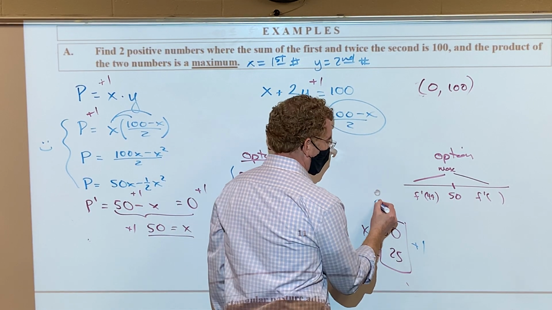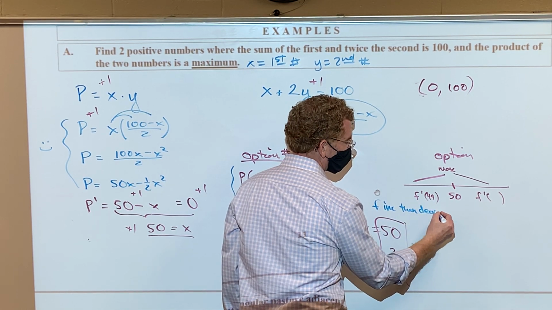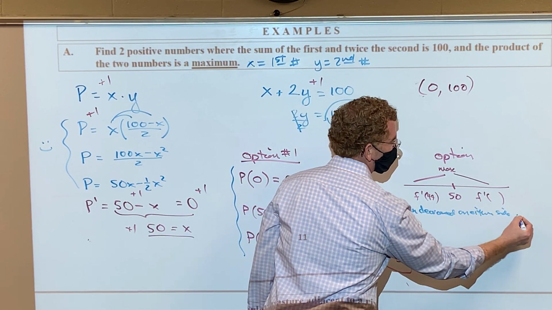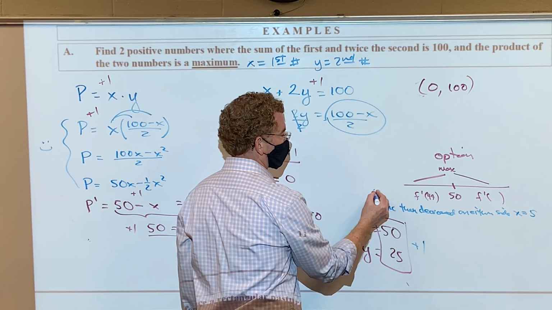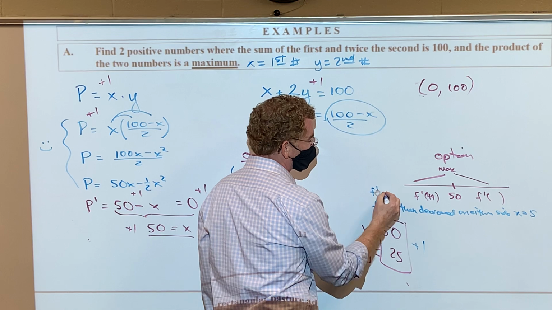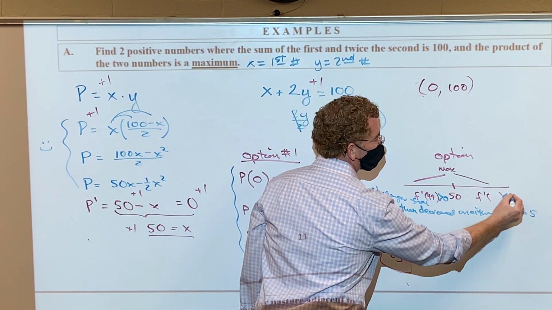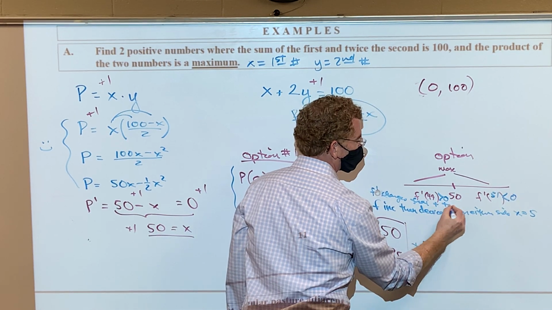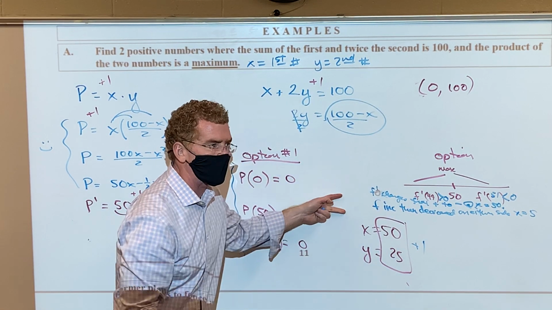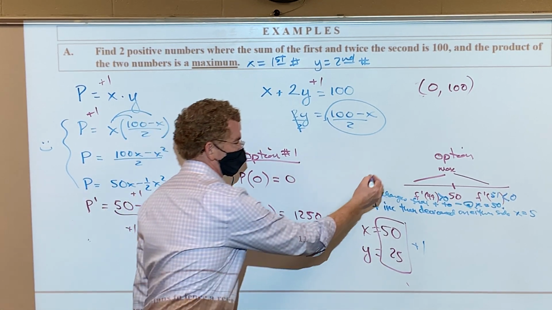So you would either have to say f increased, then decreased on either side of x equal 50, or you could say something like f prime is greater than 0, or how about f prime changes from what? Positive to negative, changes from plus to minus at x equal 50. Either one of those two would be stating why you know that that's a relative max, and then answer the question.